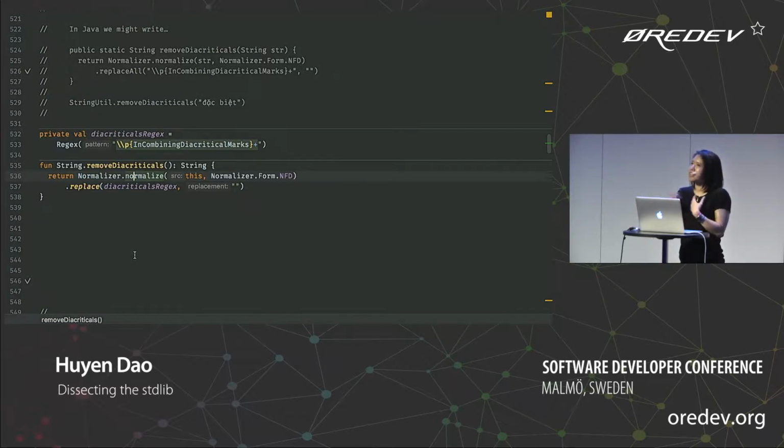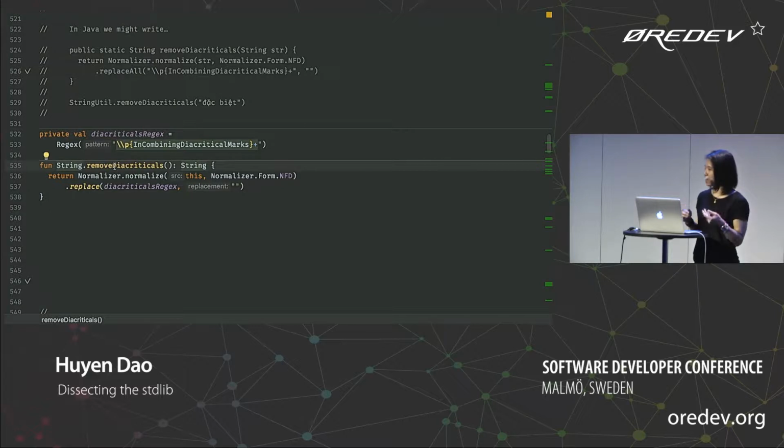We're trying to extend the functionality of string, and rather than writing it in this less fun syntax, we can write it in a much more fun syntax using extension methods. So here I'm declaring an extension function in Kotlin. I have the class that I'm trying to extend, string, then the dot and function name, and then more or less the same function body that I had before in Java.